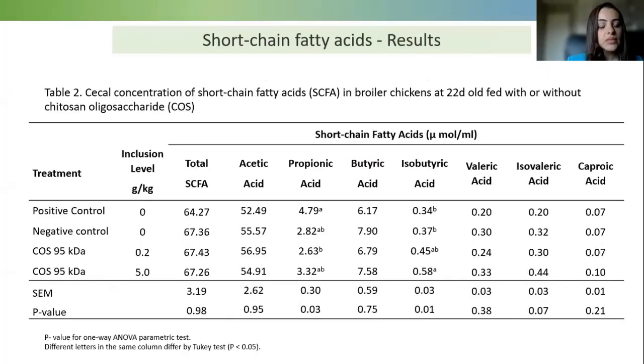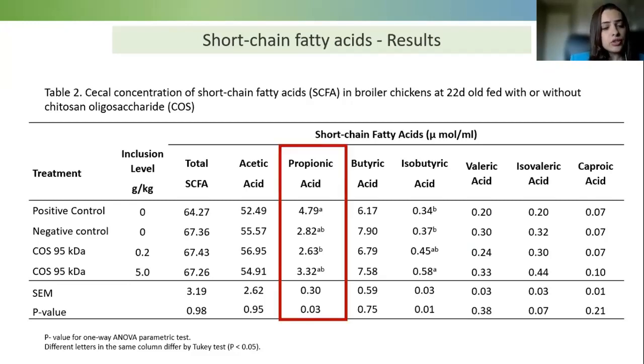enteritis. So here we have the results of the short-chain fatty acids concentration, and you can observe that the positive control treatment was responsible for the highest concentration of propionic acid in comparison with COS95 KDA included at 0.2 grams per kilo of the diet.